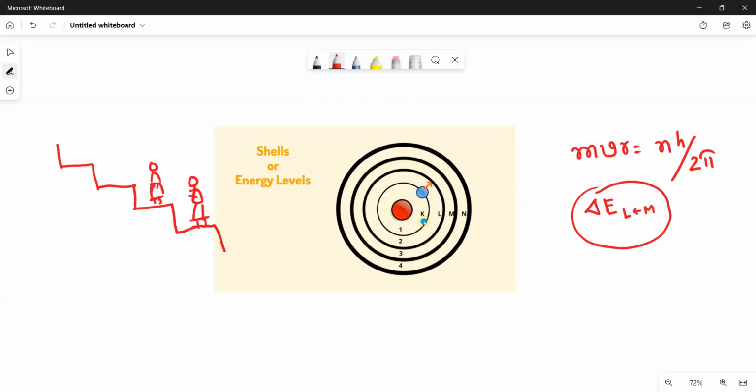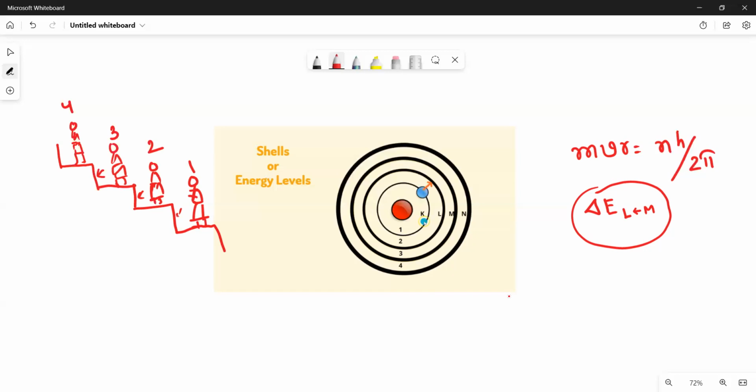Now he requires more energy to reach this place, and he requires the maximum amount of energy to reach the top of this stair. So if it is step 1, step 2, step 3, and step 4, this person cannot put his leg at this position, meaning in between the staircase, right?